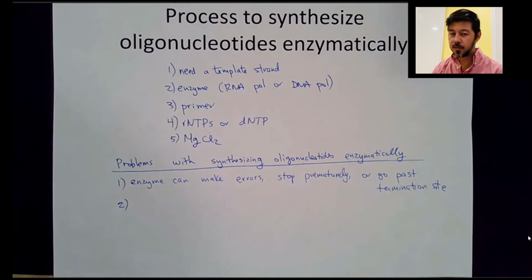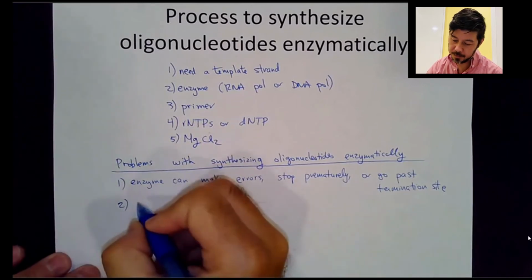You need that primer in place, and then the polymerase is a huge enzyme, and literally once it gets started, it really doesn't want to stop. So it's hard for it to actually recognize a template strand that is quite short with a short primer. So it's difficult to make short oligonucleotides that are, for example, 50 base pairs or less.